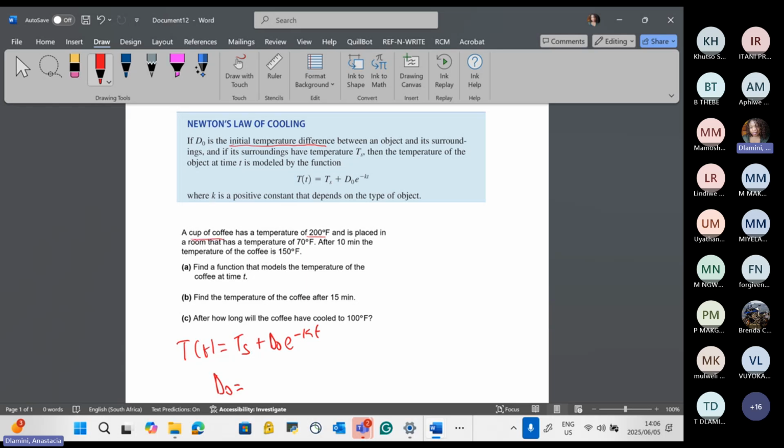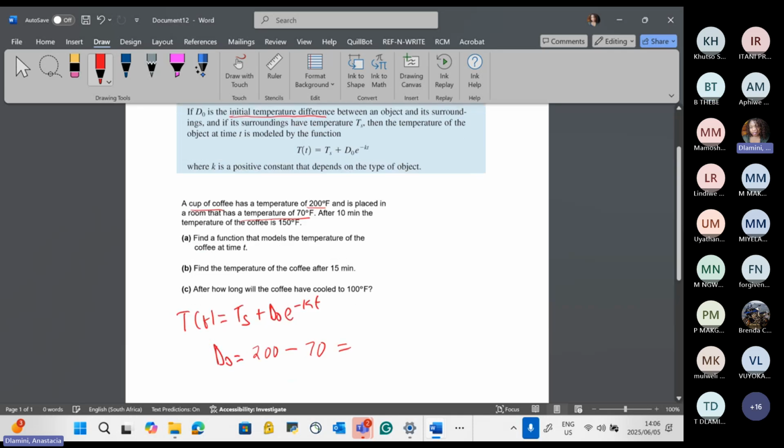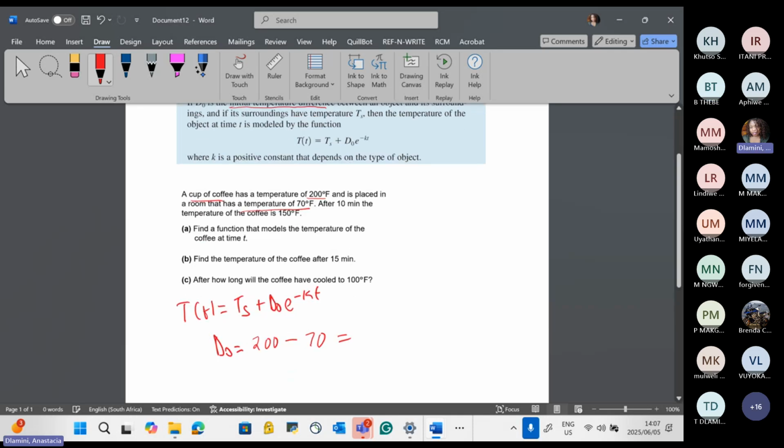Our object is coffee, so that's 200, and our surrounding is 70 degrees Fahrenheit. So what do we get? 130. You can't say you don't know when you are able to divide 800 by 5.